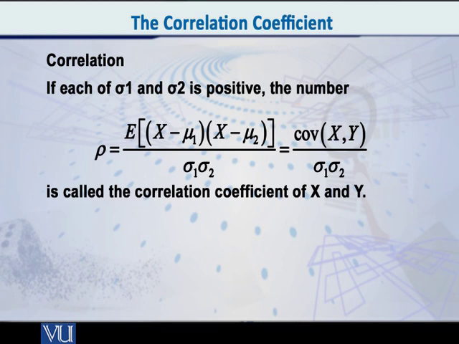This is equal to the covariance of X and Y divided by the standard deviation of X into the standard deviation of Y. जाहिर है कि वेरिएंस ऑफ एक्स का स्क्वायर रूट ले लेंगे तो हमें मिल जाएगा स्टैंडर्ड डिविएशन ऑफ एक्स, और वेरिएंस ऑफ वाई का स्क्वायर रूट, that will give us the standard deviation of Y.